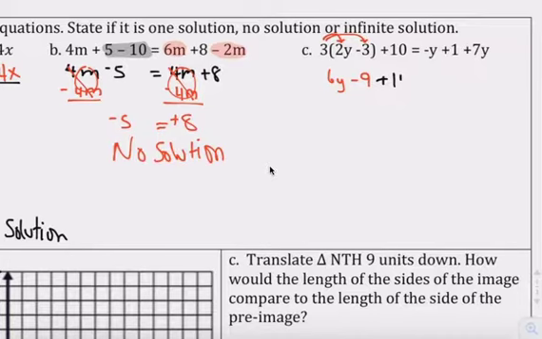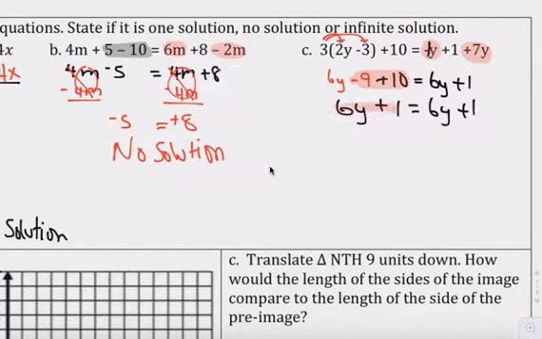Plus 10 equals, okay, we can combine these together. Negative y, that's a 1, negative 1y, plus 7y, we get 6y plus 1. Okay, this here, we combine these two together. You get a positive 1. 6y and positive 1 equals 6y plus 1.